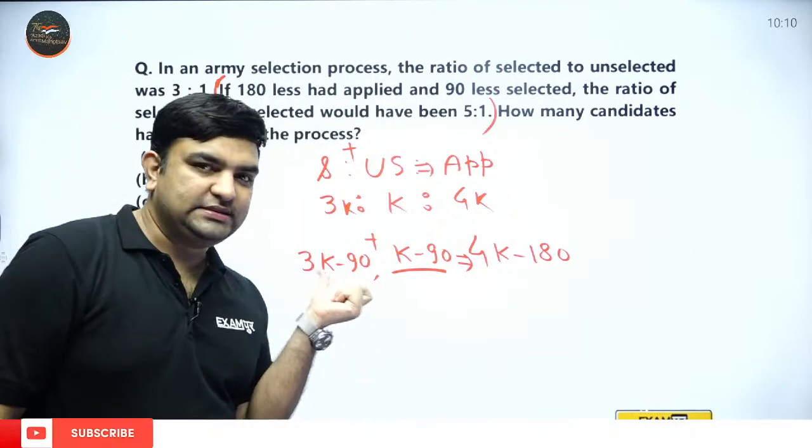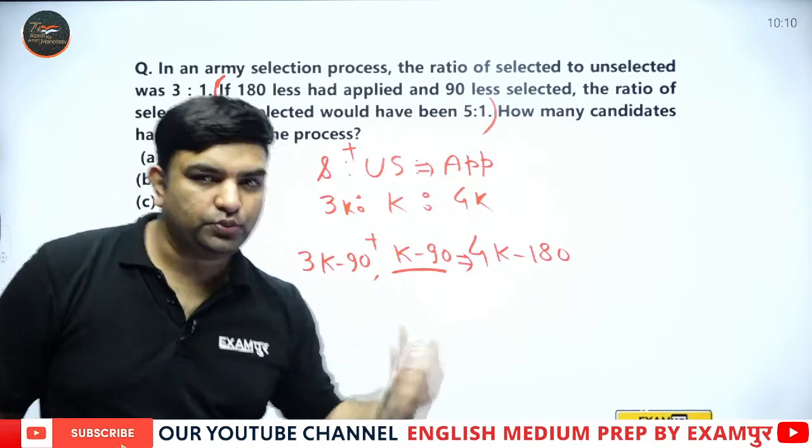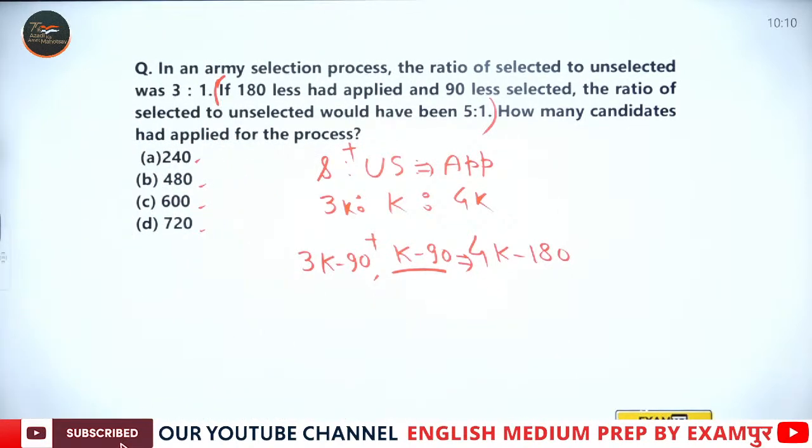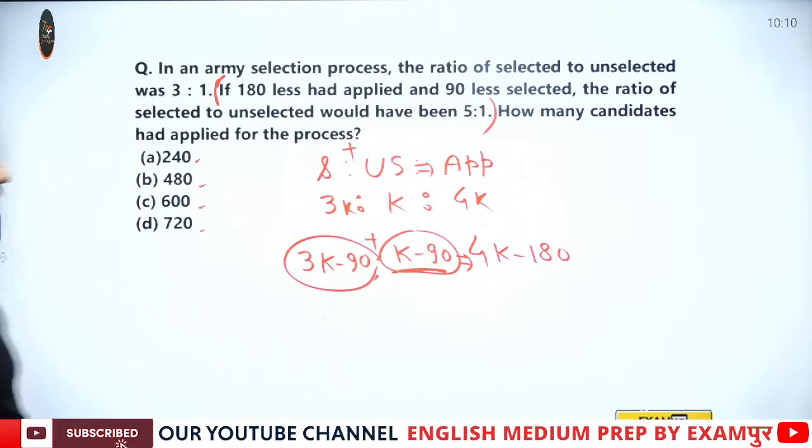Like if this is 3k plus k, 4k, minus 90, minus 90, minus 180, these are the new selected and unselected values.